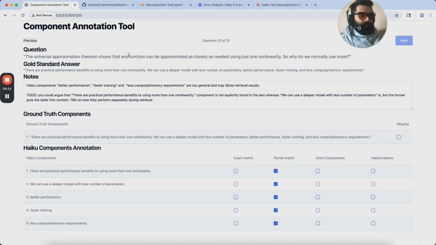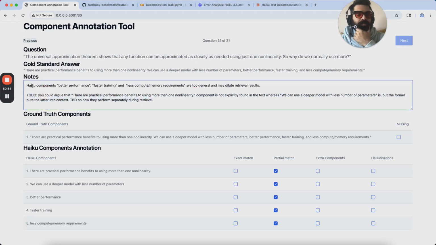And once we do that evaluation, we're going to compare the exact match, partial match, missing, extra components, and hallucinations scores between Haiku and Sonnet. And then I'll probably leave the note-taking process for Sonnet for the next video, or I might just not do a video about that at all because I've already done that and it might be a bit quicker. I don't know. We'll see.